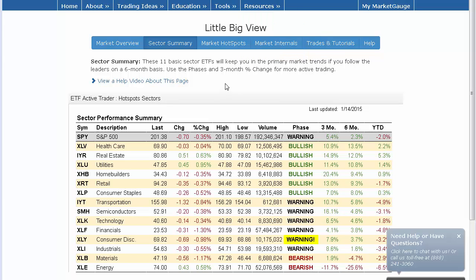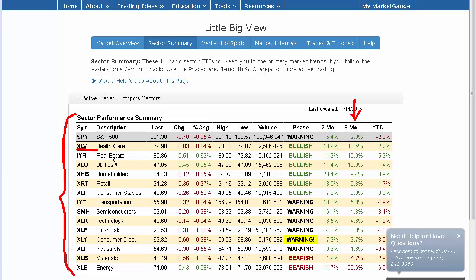Now, if you go there and then go to the sector summary, you will see a table of major industry or sectors in terms of ETFs. This particular table, for good reason, is ranked by the strength over the last 6 months. Guess who's at the top?